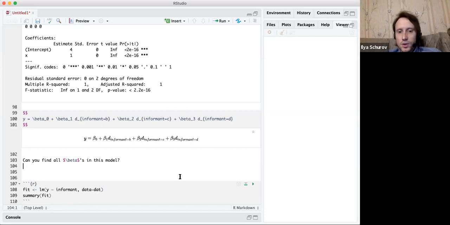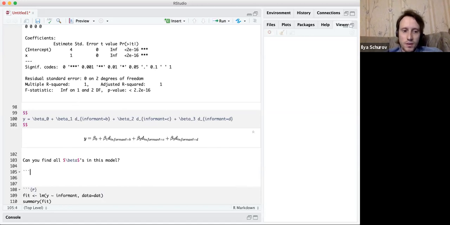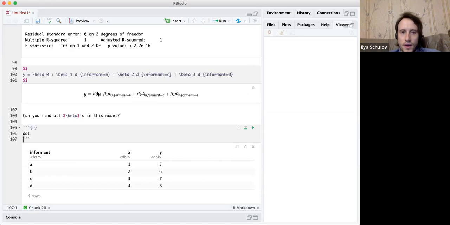Actually, you can do it without a computer. Just look at this equation and look at our data, and tell me what the appropriate values of beta 0, beta 1, beta 2, and beta 3 are.